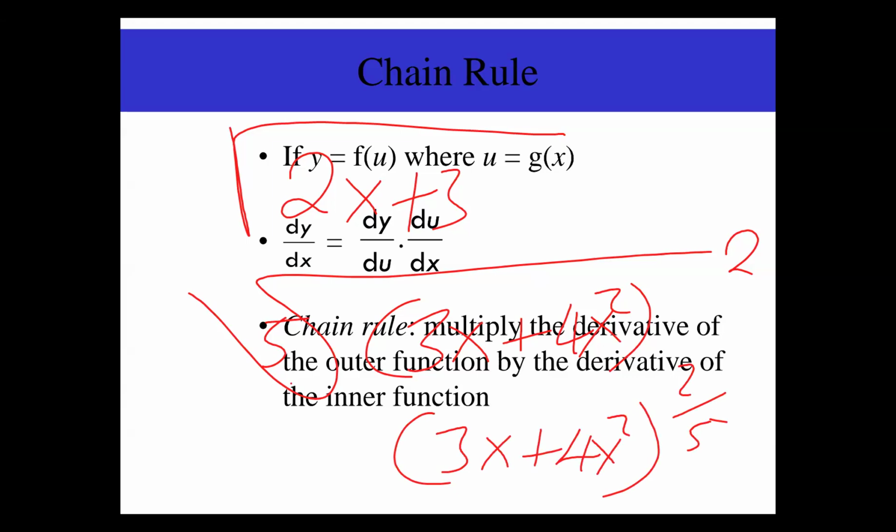So when do you actually use the power rule, and when do you use the chain rule? You use the chain rule when you have radicals like this, and functions that are in the roots. And also functions that are in parentheses.